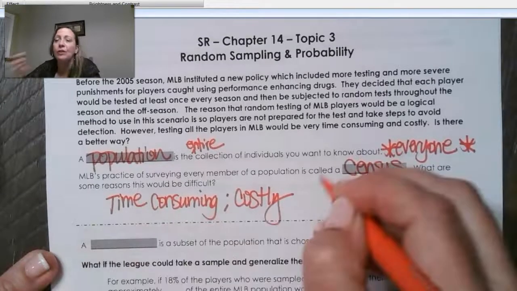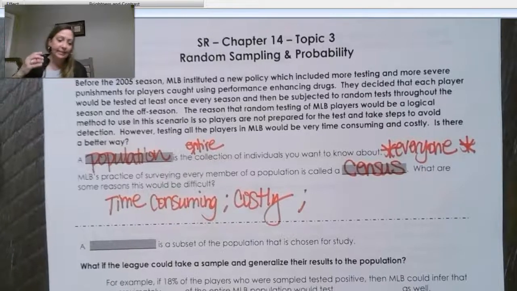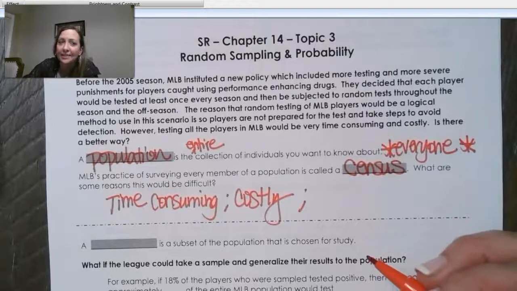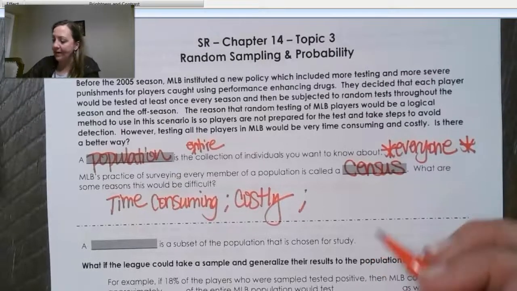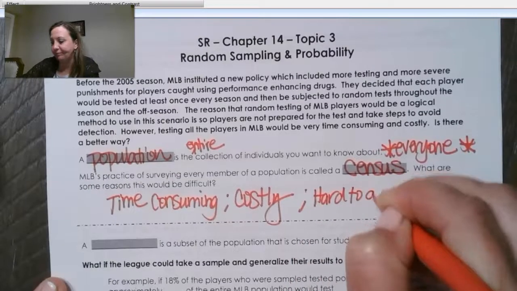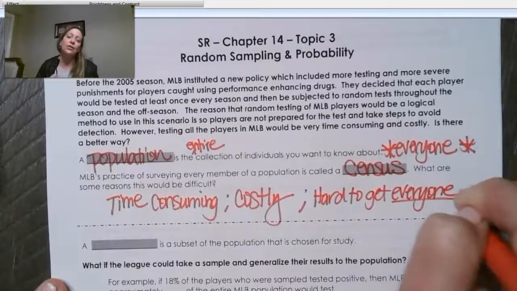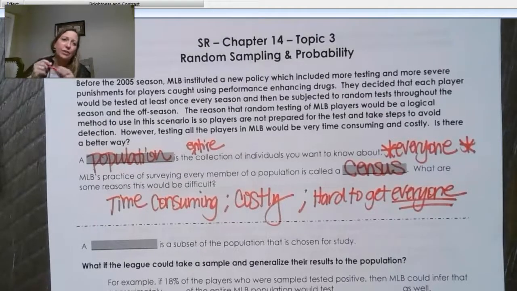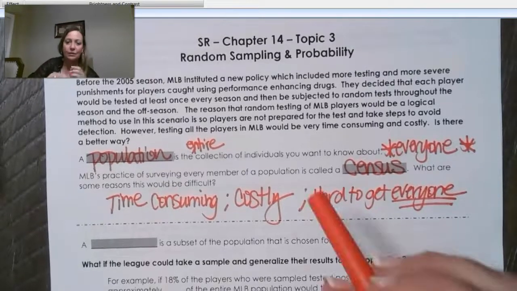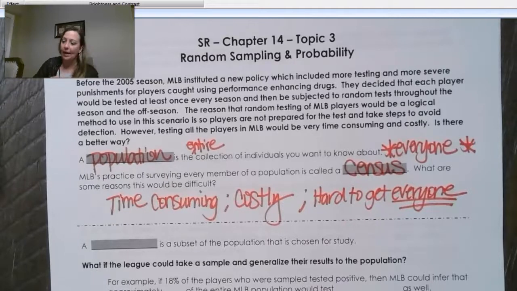And just in general, let's even think about if we were trying to get something for our class. How often is everyone showing up for class? Hard, right? So it's hard to get everyone. So in order for us to look at the results from an entire population, to do a census and get results from everyone, it doesn't seem very likely in the grand scheme of things, okay?